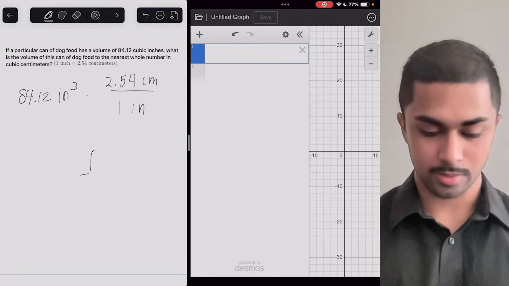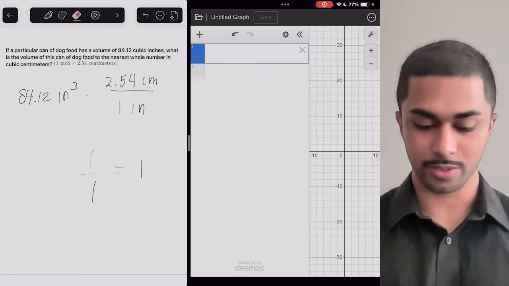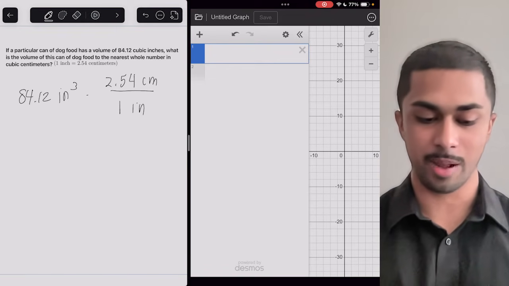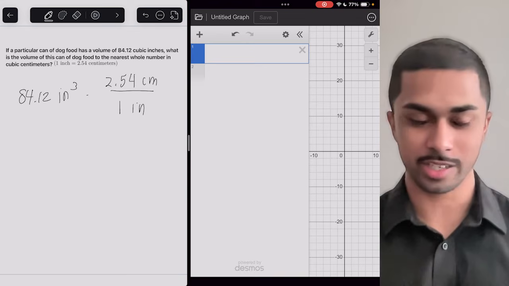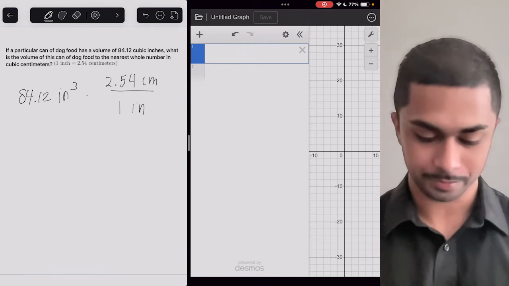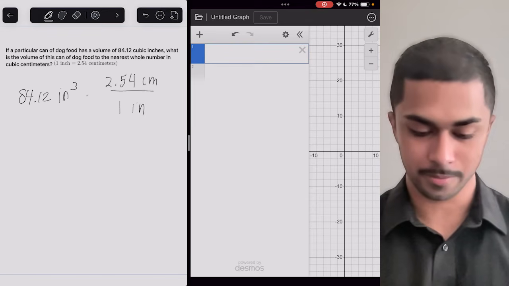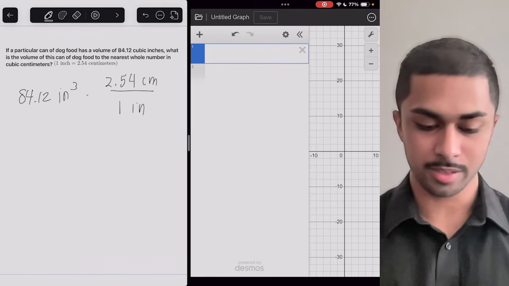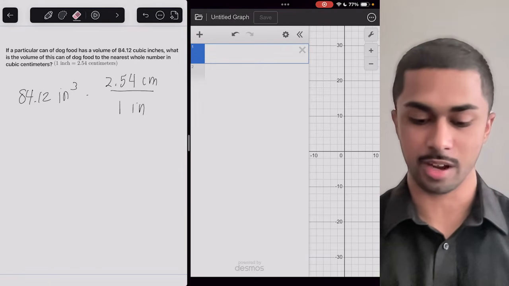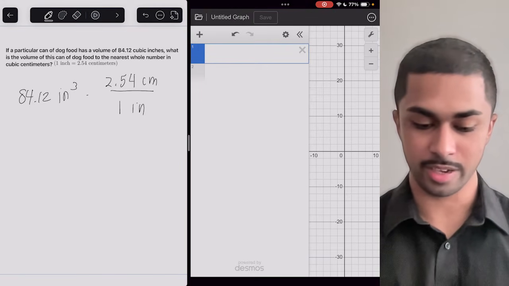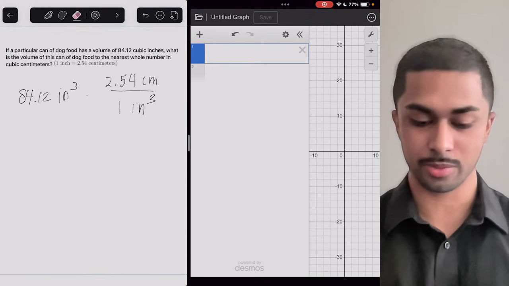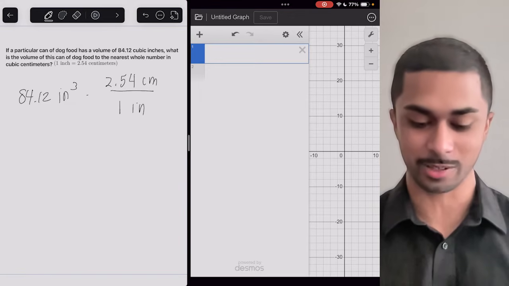All right. 1 over 1 is equal to 1. So this fraction is basically equal to 1. Technically, we're not changing anything about the number here. We're only changing the units, which is what we want. The problem is that there's an inches cubed here, and this inches here is not compatible. We need inches cubed down here, so the inches cubed can cancel out.